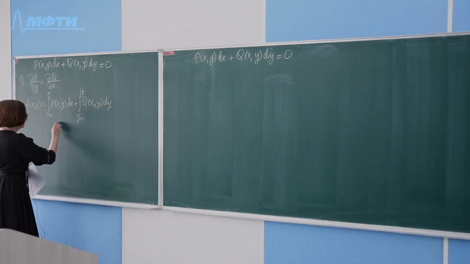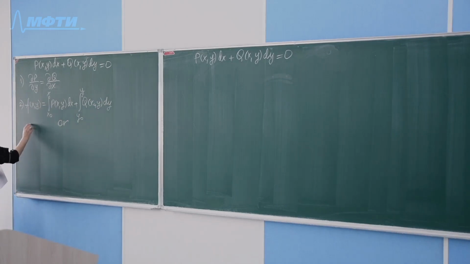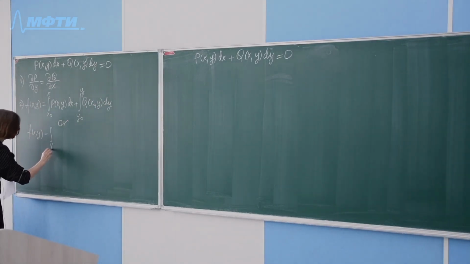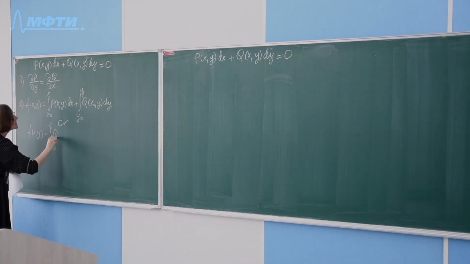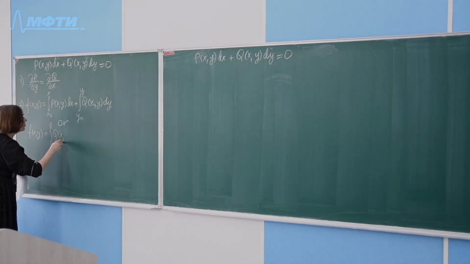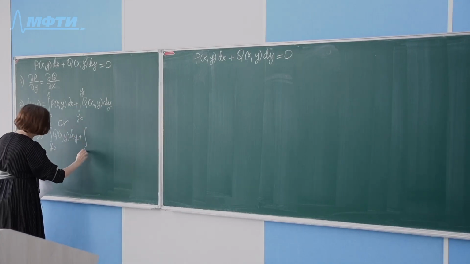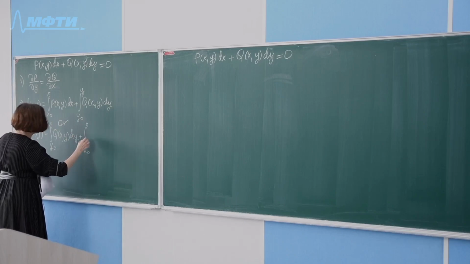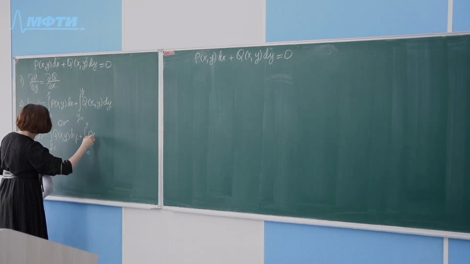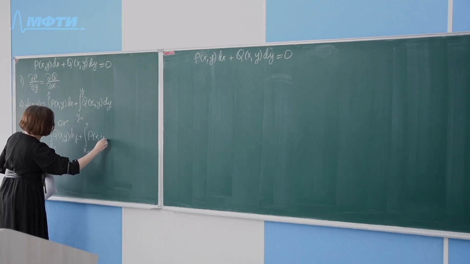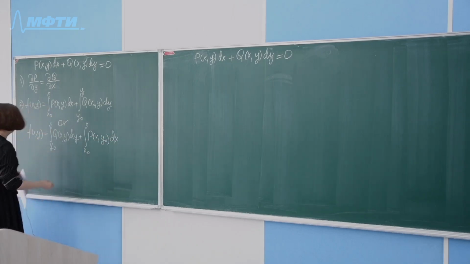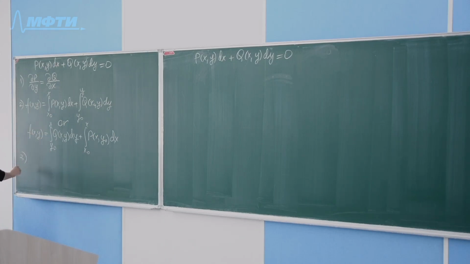Or f of x,y equals the integral from y0 to y, starting with Q, we will get the following formula, which is slightly different from the original one, but sometimes it is easier, dx.